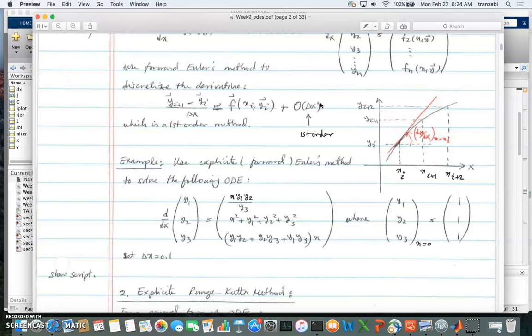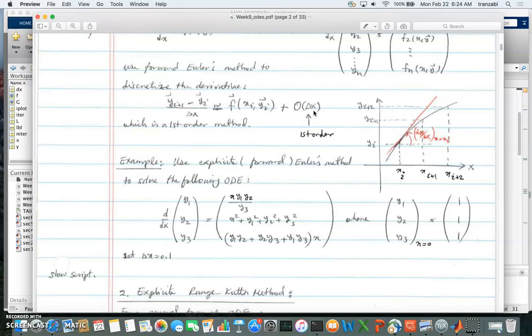So 1,000 points compared to 100 points lowers my interval by a factor of 10. The distance between every two successive x values is going to go down by a factor of 10 using 1,000 points as opposed to 100 points. Okay, so that's what I mean by lowering delta x by a factor of 10, which means we are using 10 times more points along the x-axis when we solve differential equations.